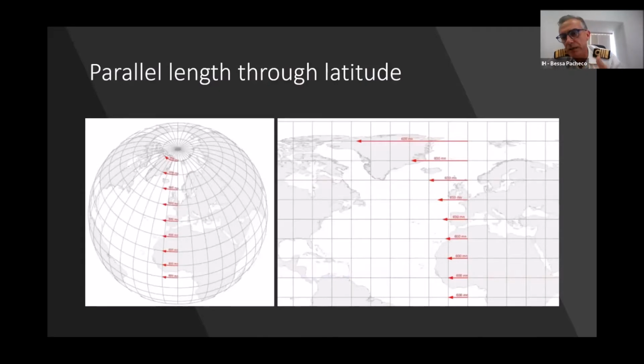To try to understand why this was happening, I was looking at the characteristics of what would be a grid chart. In this case, a plate carrée, simple. If you pick at the equator 10 degrees of longitude, that gives you a distance of about 600 nautical miles. If you go up north, and if you want to have distances marked correctly, what happens is for the same 600 nautical miles, you cover a much larger area in terms of degrees of longitude.